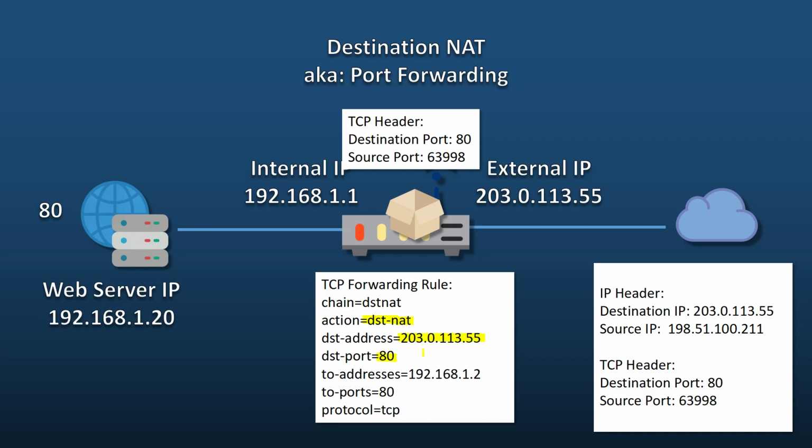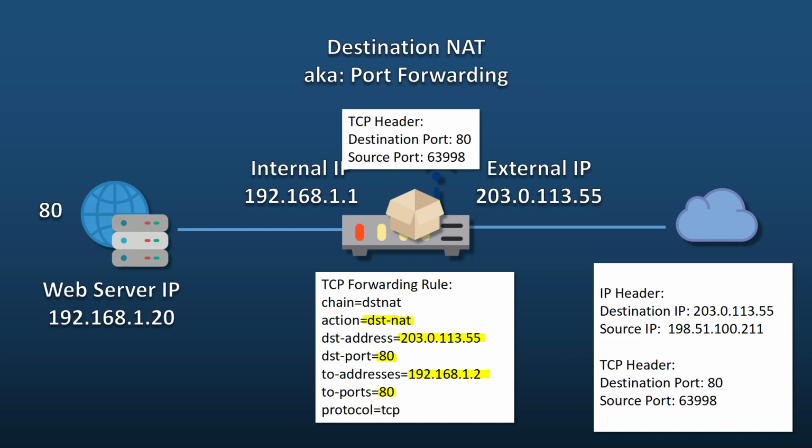So the command that we're giving it is to change the address to 192.168.1.20. Sorry, this is a mistake. There should be a 20 here. So it's supposed to go to address 192.168.1.20, and the port is supposed to remain unchanged.